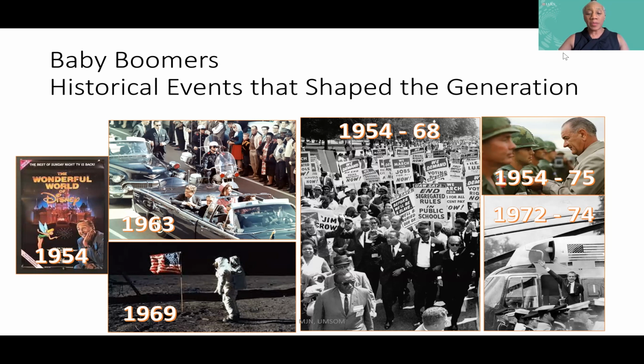1954 marked the premiere of the Wonderful World of Disney anthology series, a weekly broadcast featuring Disneyland amusement park, animated cartoons, and live action figures. The American Civil Rights Movement was a campaign to abolish segregation, racism, Jim Crow laws, and socioeconomic inequality.